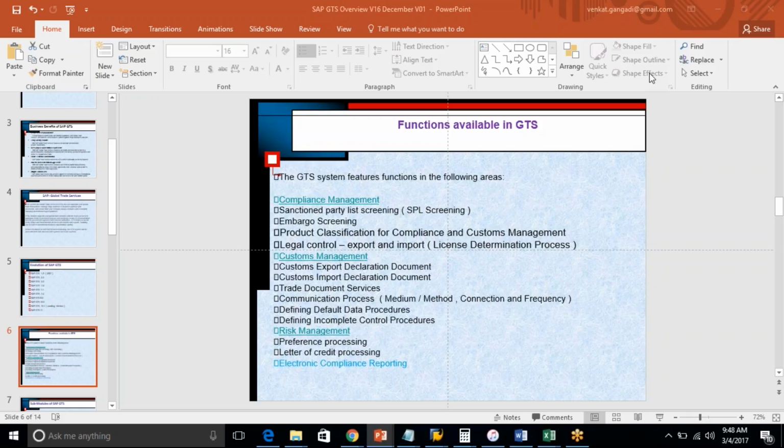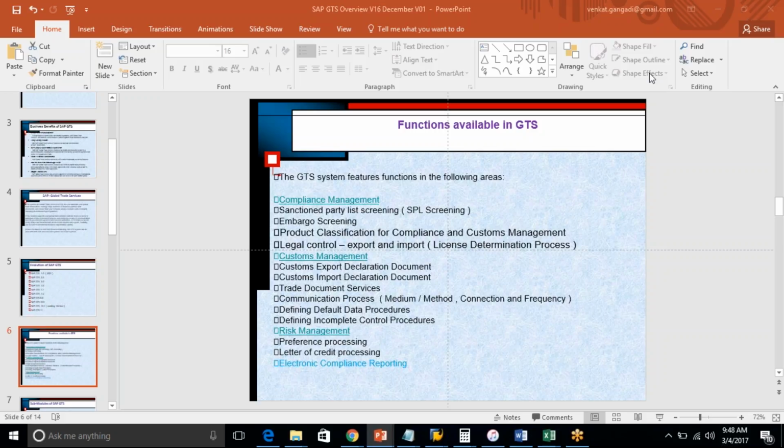For your information, compliance management, customs management and risk management were introduced to the market along with the initial version of SAP GTS, but the fourth module, electronic compliance reporting, was introduced with the 7.1 version.